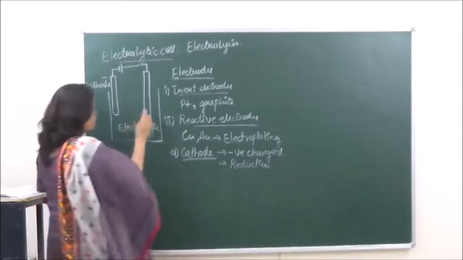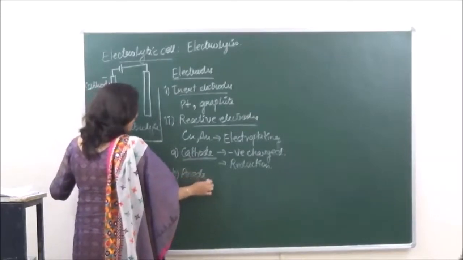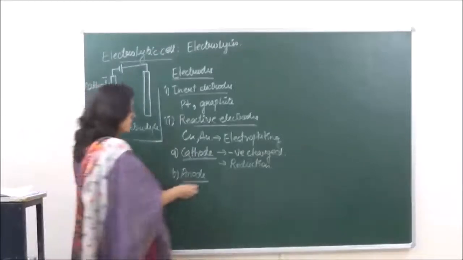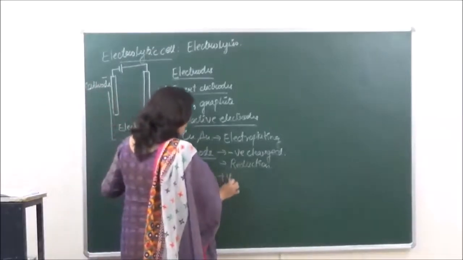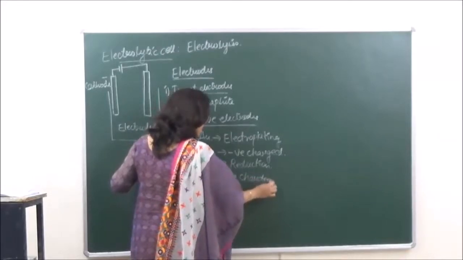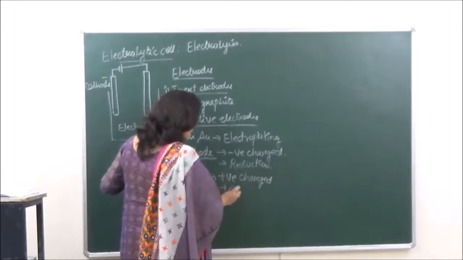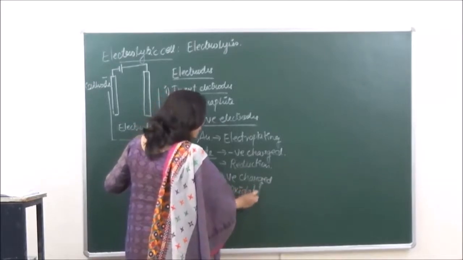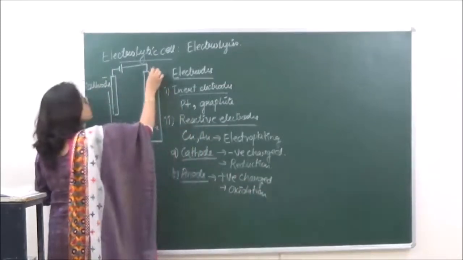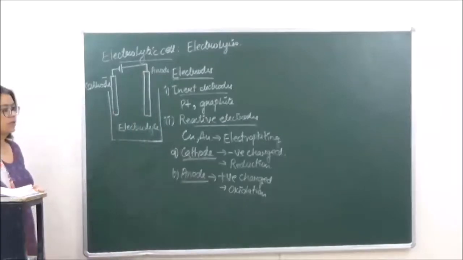The second type of electrode you can see over here is the anode. The anode is positively charged and at this electrode oxidation is going to take place. So this is the anode, right?